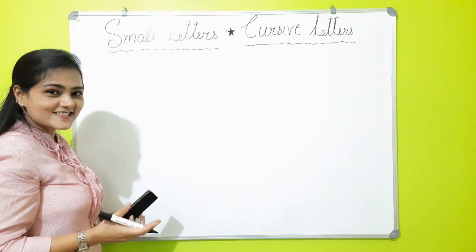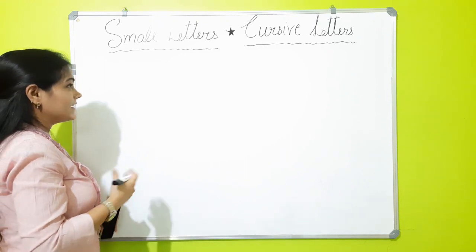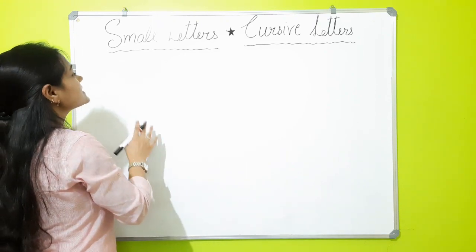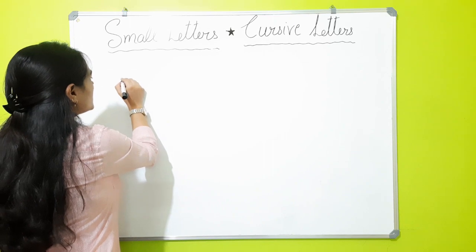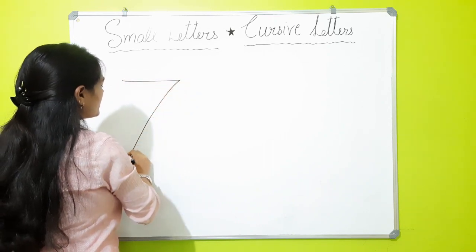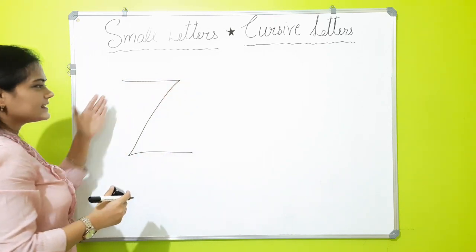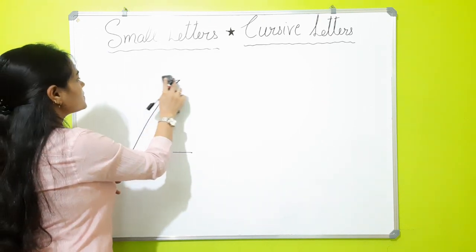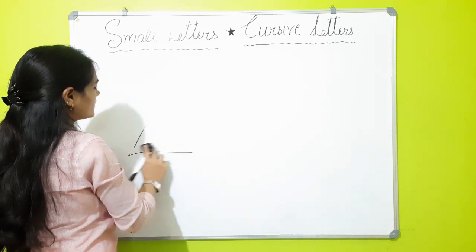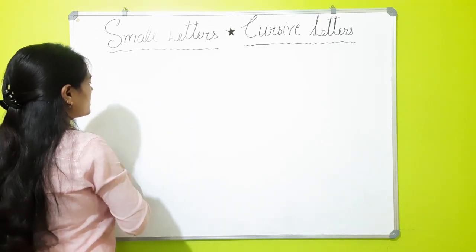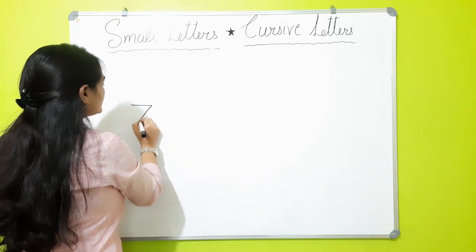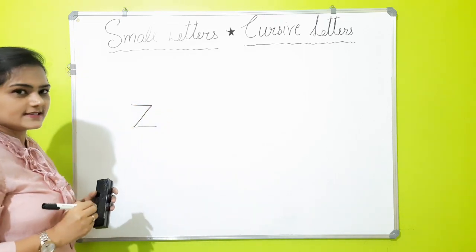Now, the last letter of English alphabet, which is Z. So, the capital letter Z we write like this, isn't it? Now, small letter also we'll write in same way, but smaller in size. It's like this. Fine.